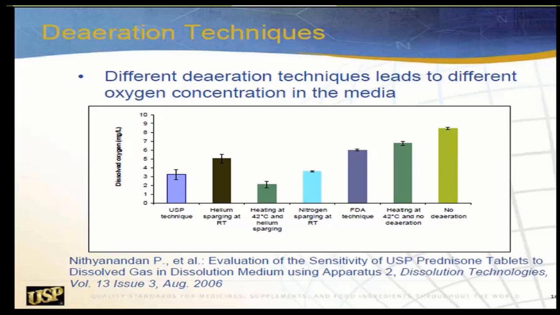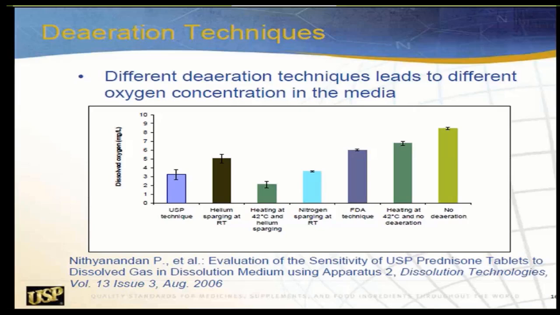So the key here is we're using oxygen as a measurement, but it has to be commensurate with the method that you're using to deaerate, if it makes sense or not to use that method. The FBA technique is a total air removal process in a way, but you can see it's almost double what the USP technique is.